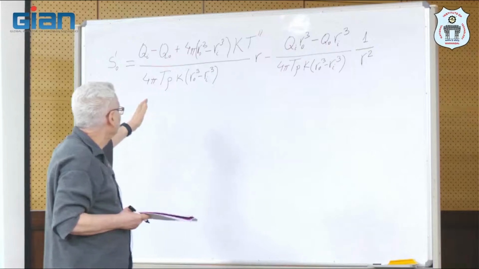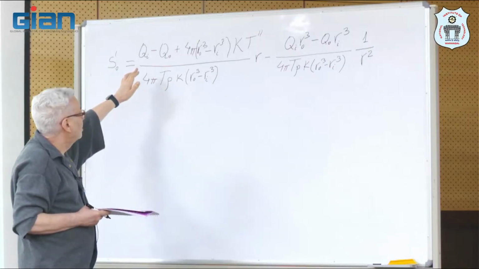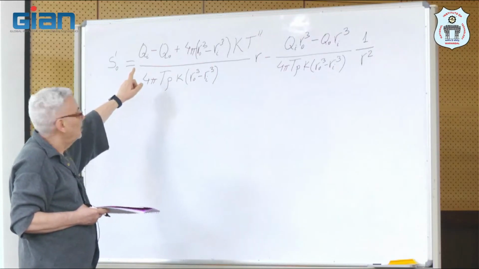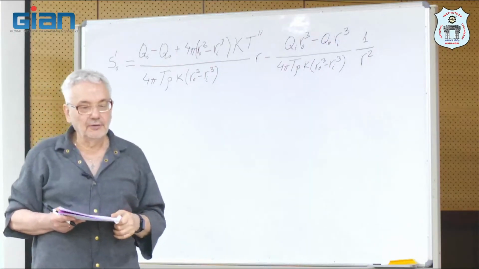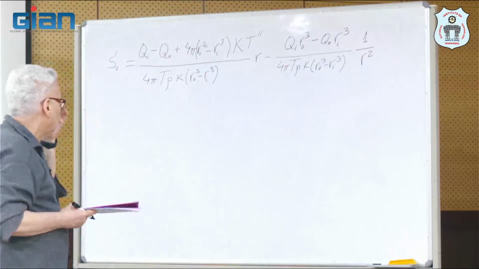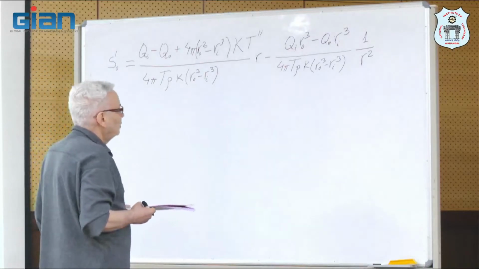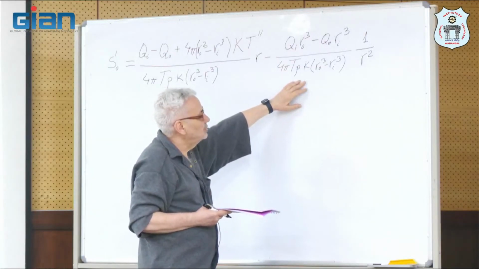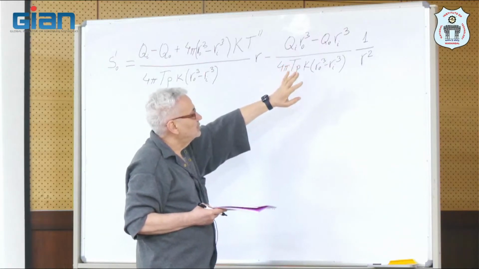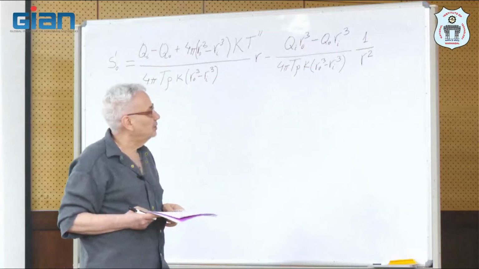But the one which is from the inner core, basically mainly due to the gravitational differentiation, always has a positive contribution.